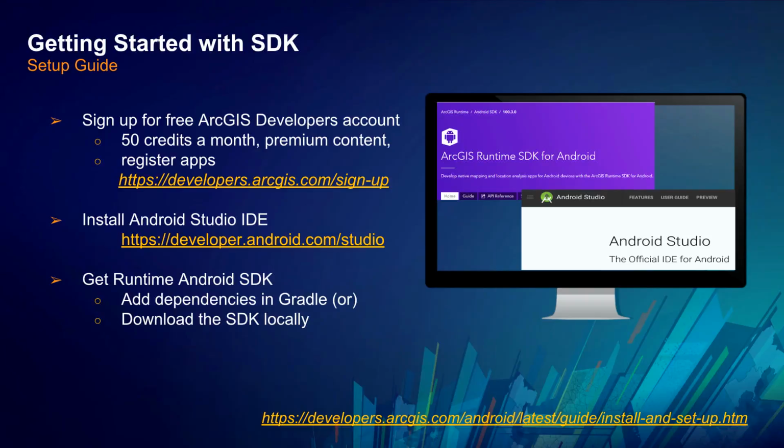And then you need to have the Runtime SDK. There are a couple of ways you can get it. When you sign up on the developers page, there will be an option to download the SDK locally. There will be a download button on the page where you can directly download the version that you want. Or if you are working through Android Studio, you can add the SDK as a dependency in your Gradle module.